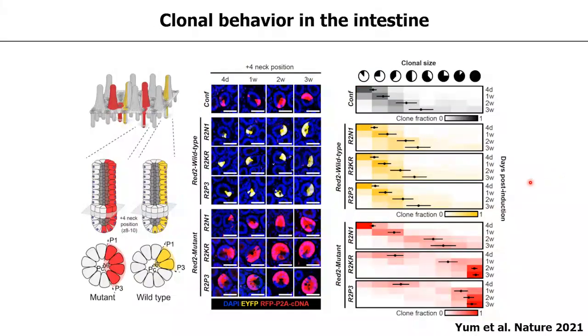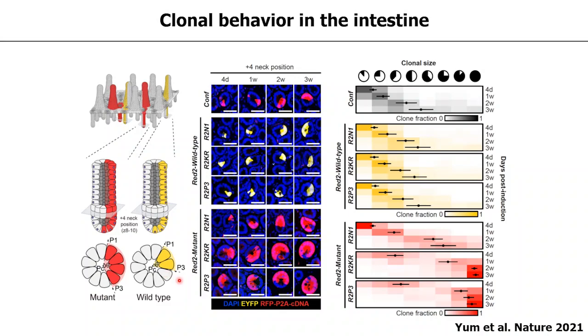So we firstly look at the yellow clone and the mutant clone behavior in a separate way. So in the intestine, we have a crypt and villus, and at the base of the crypt, we have stem cells that are competing with each other for the space of the niche.